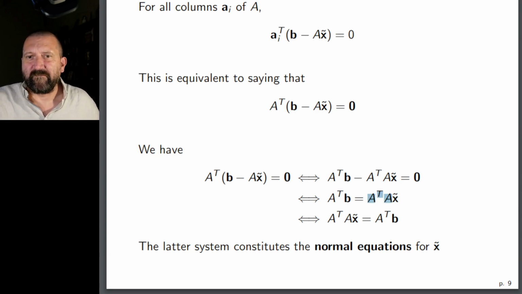That last line, I'm just flipping the left and the right hand side of the equal sign. So A transpose A X tilde is equal to A transpose B. And that is a linear system. And it's what we call the normal equations for X tilde.